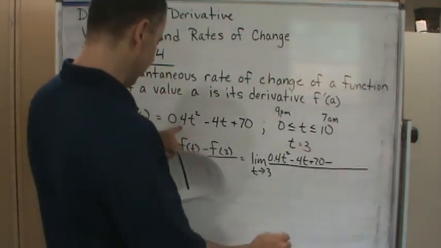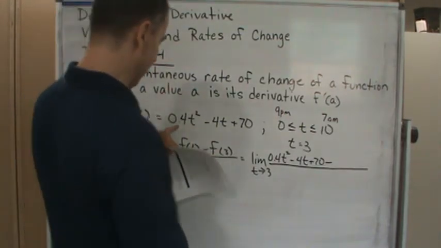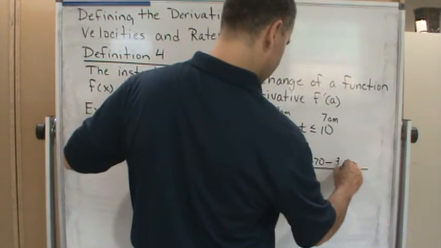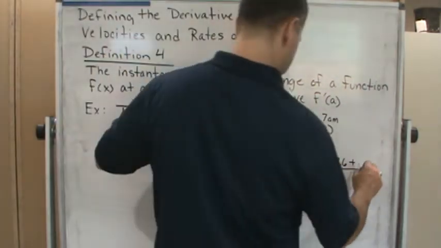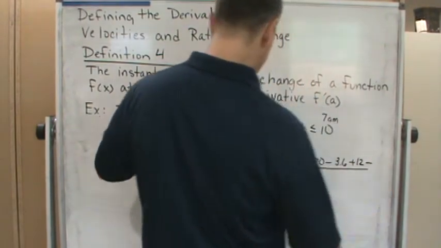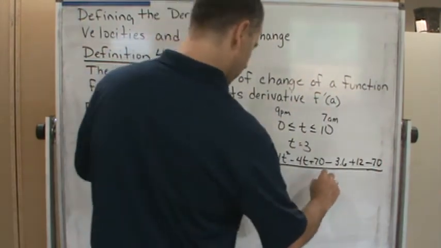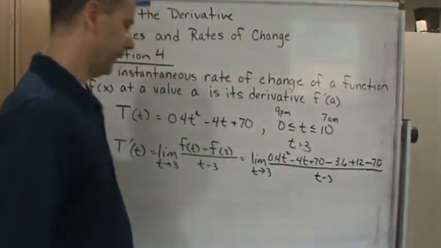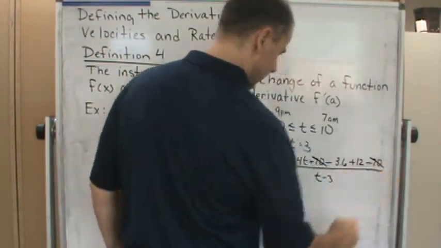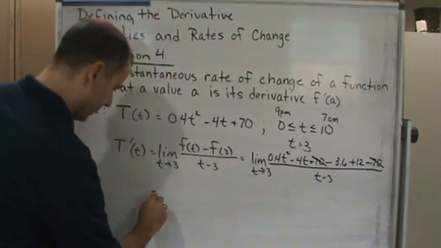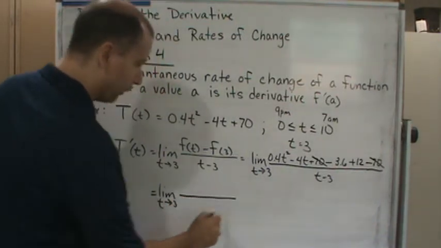So f of 3 is going to be 9 times 0.4, which is 3.6, minus 12, plus 70. So this would be minus 3.6 plus 12 minus 70, over t minus 3. Notice again, things cancel, 70 minus 70. Now let's simplify this even further.